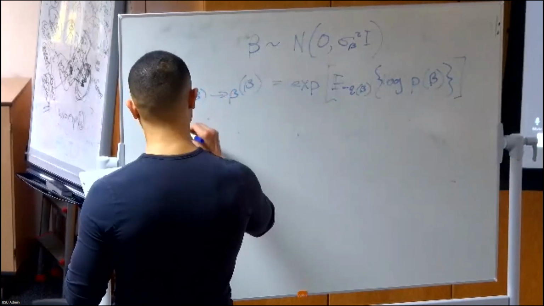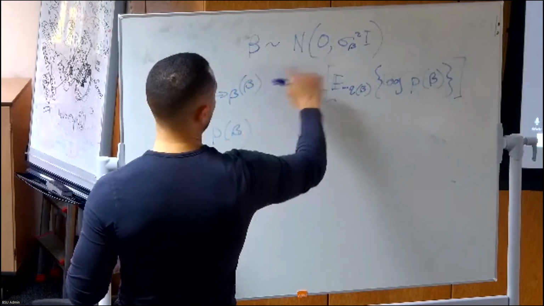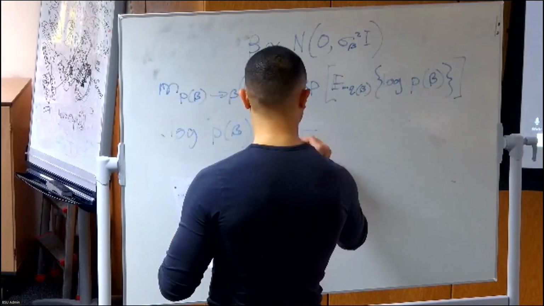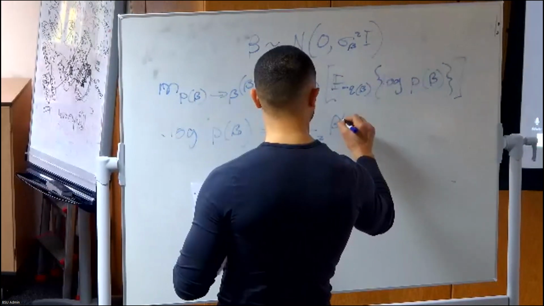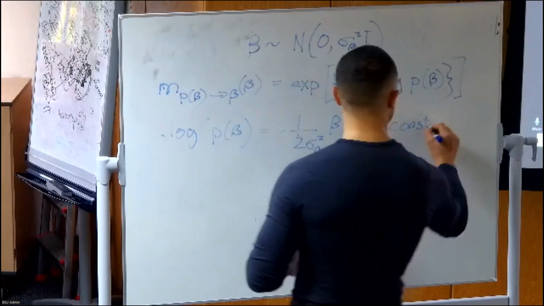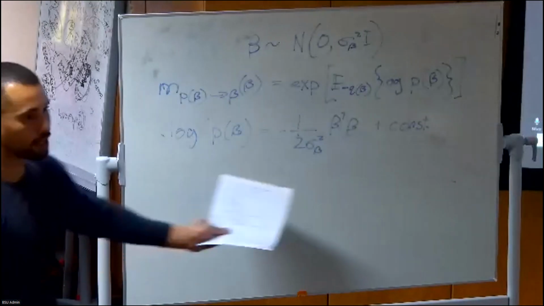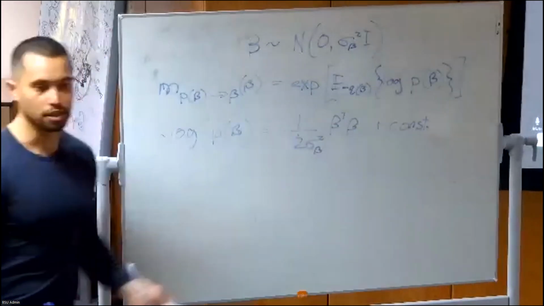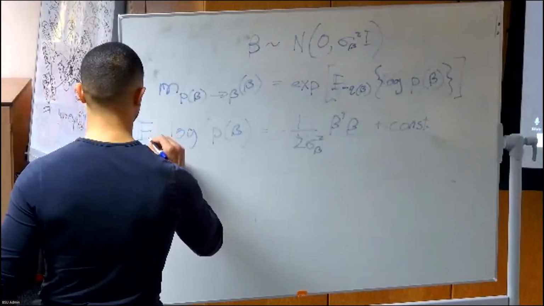The log of P of beta, which is defined here, is equal to minus 1 over 2 sigma beta squared, beta transpose beta, plus some constant terms. Now, if you apply that Q expectation here, what happens? Nothing.